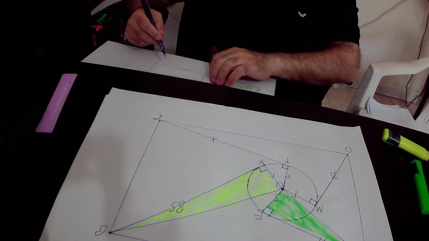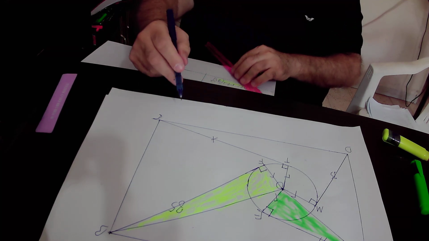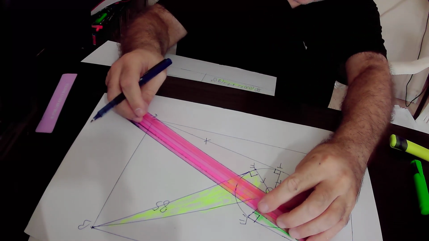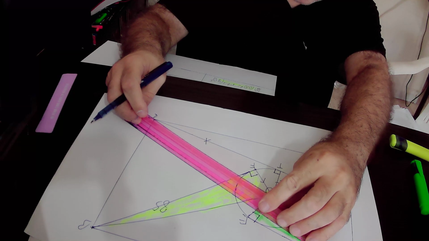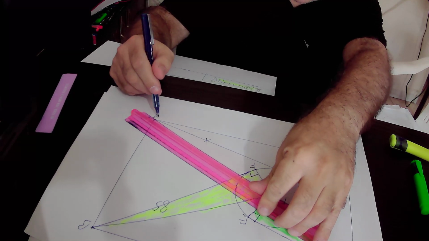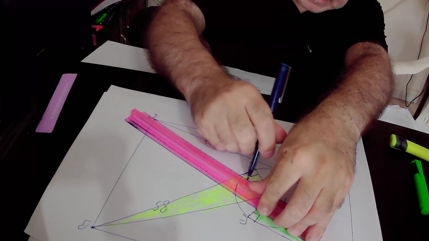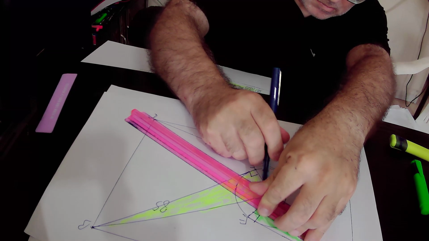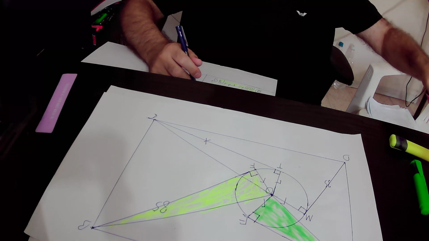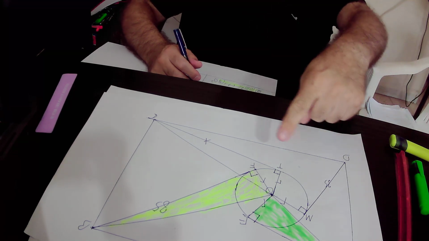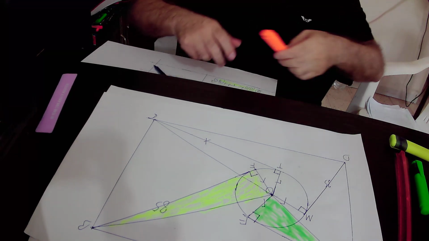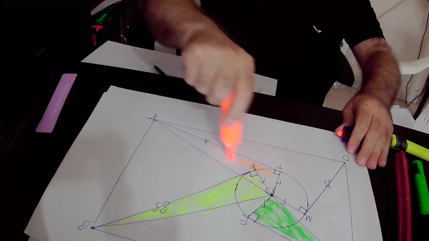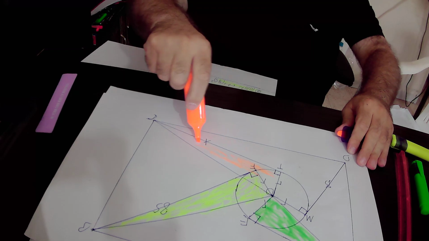In the next step, we join points O and C together by a straight line. By joining points O and C, we created here the right triangle TOC. So we'll implement the Pythagoras theorem on the right orange triangle TOC.